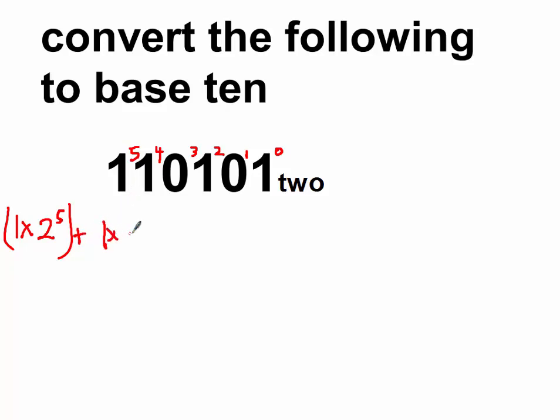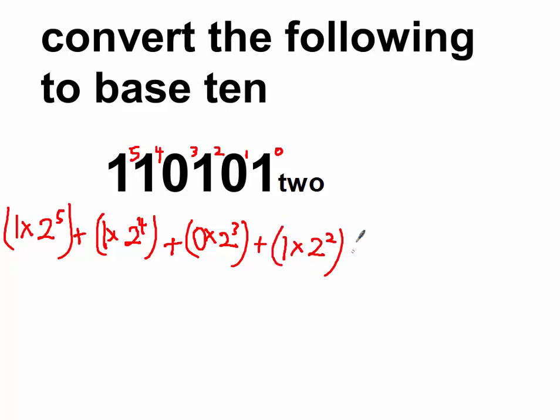Then 1 times 2 to the power 4, plus 0 times 2 to the power 3, plus 1 times 2 to the power 2, plus 0 times 2 to the power 1, plus the last one, which is 1 times 2 to the power 0.